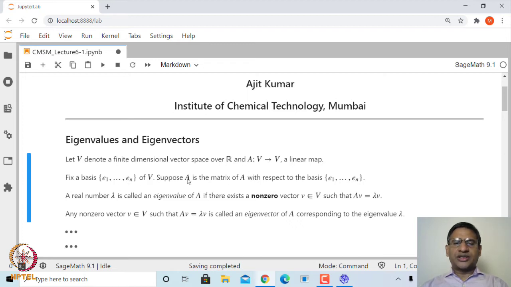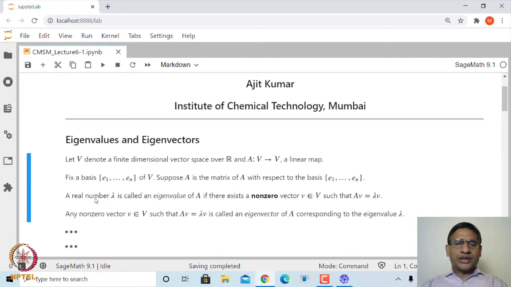We know that any linear map from a finite dimensional vector space to a finite dimensional vector space has a matrix representation with respect to a basis. So, let us call this matrix of A as A itself.